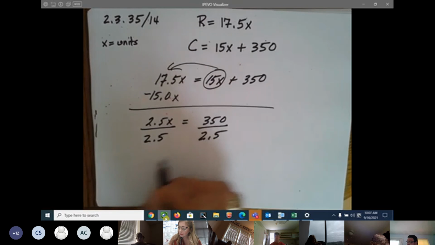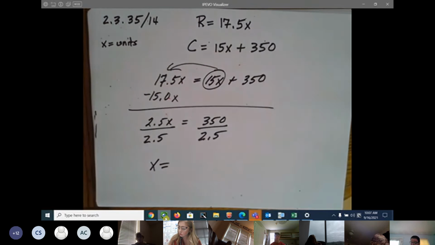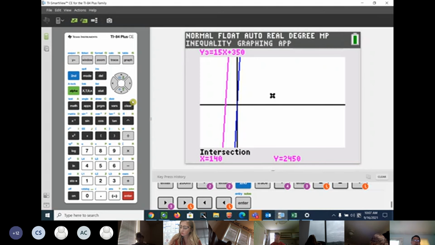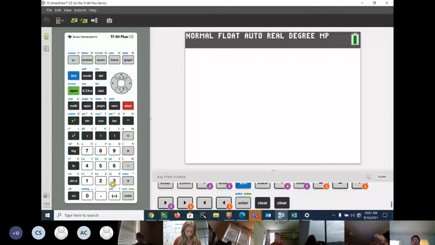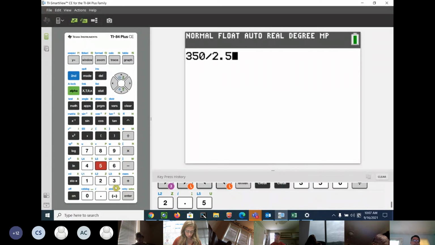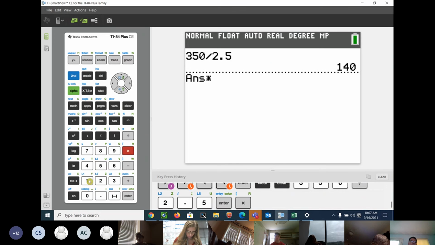Divide by 2.5. x is equal to, take your handy dandy calculator and hit 350 divided by 2.5. 140. And then back substitute. Where am I going to back substitute? Into the simpler equation. Multiply that by 17.5.